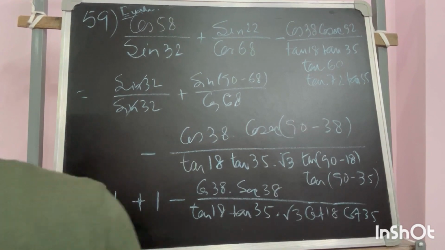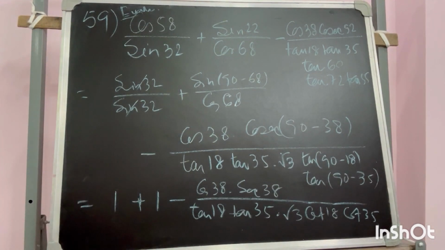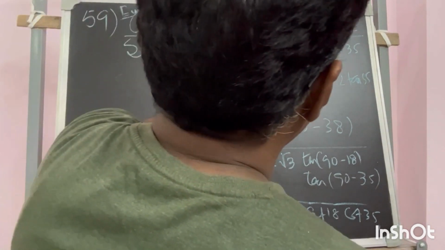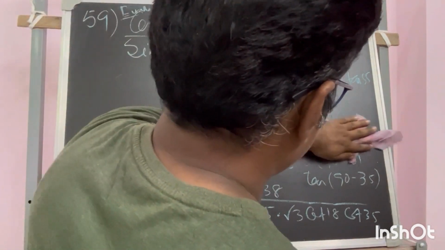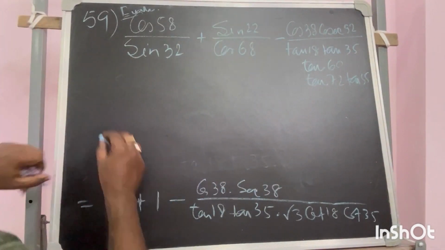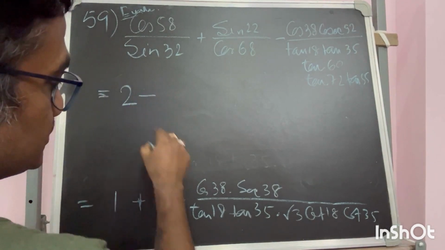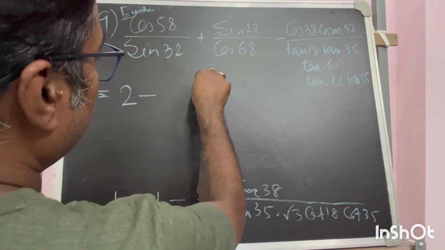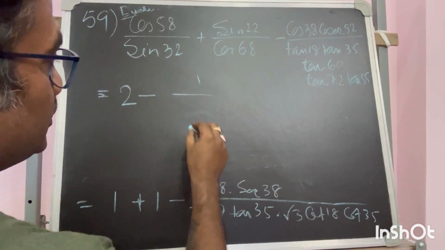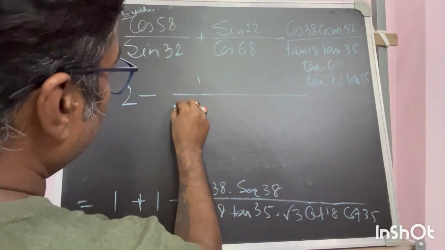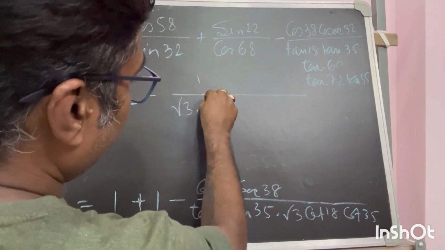Now, this 2 minus this will turn into 1. Cos and sec are reciprocal, so 1 divided by root 3, which I will keep in front.